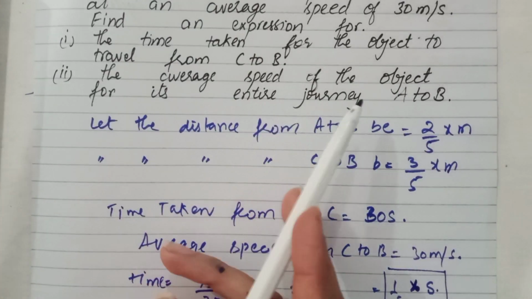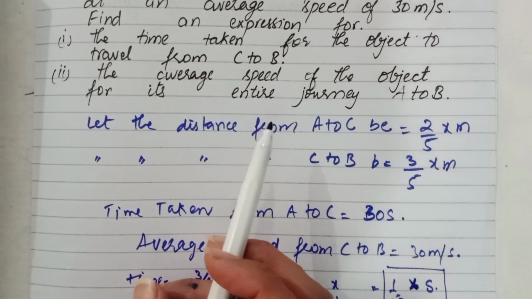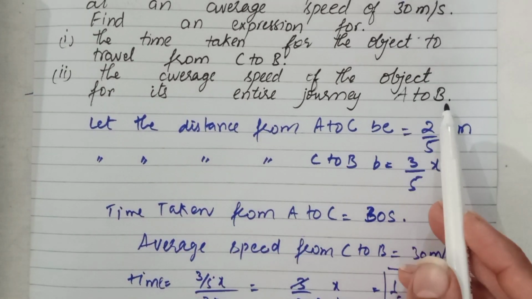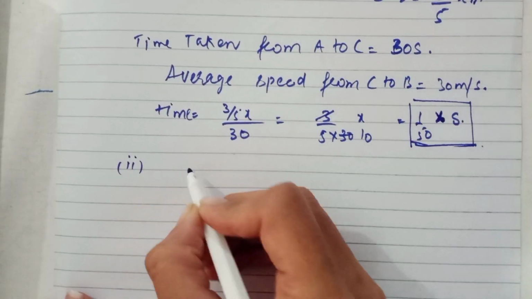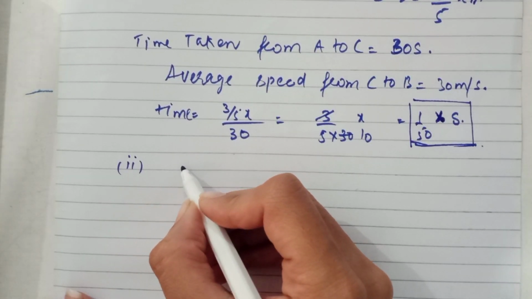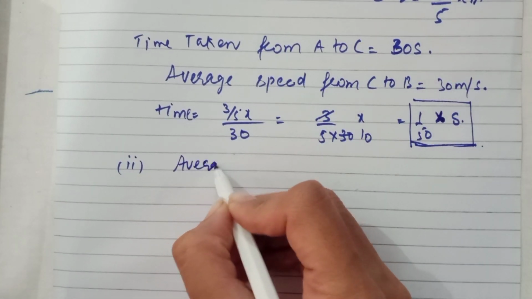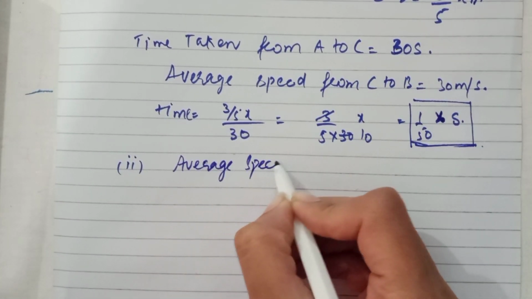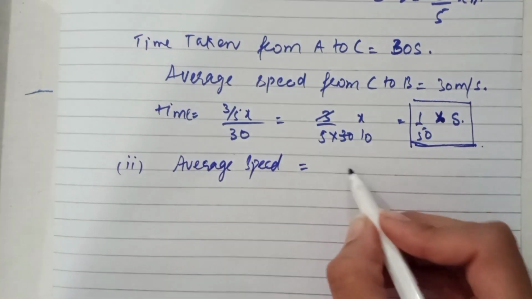Part number 2: the average speed of the object for its entire journey. We have to now find the average speed of the entire journey from A to B. We know the average speed will be equal to total distance divided by total time.